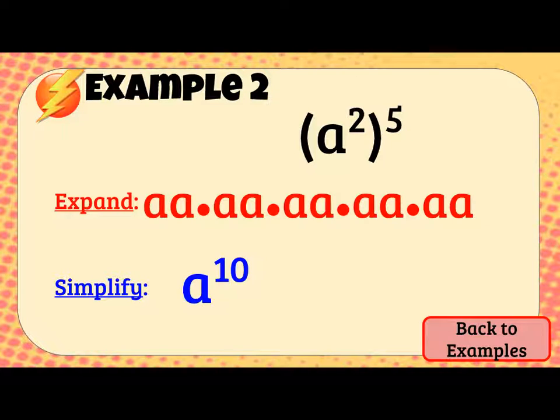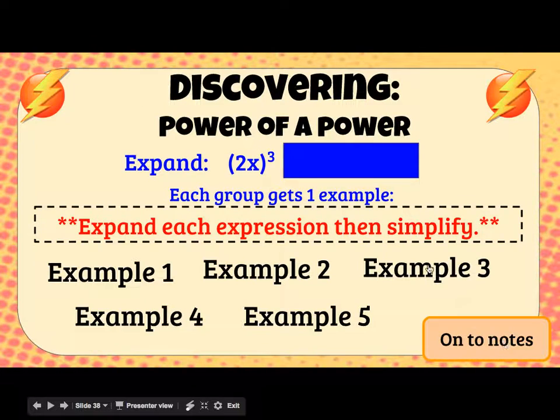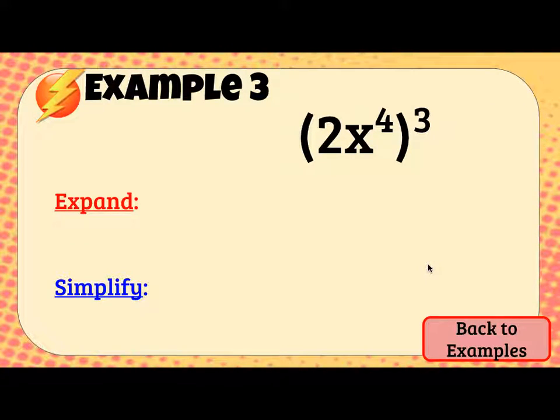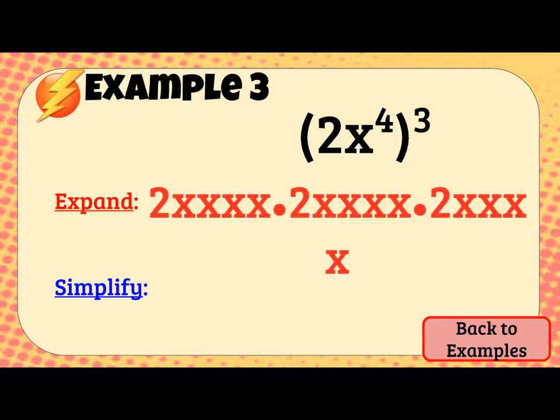Okay, next example. The third example looks like this. That we did in class, so I've got whatever's in here times whatever's in here times whatever's in here. I have that 3 different times. So what that would look like expanded looks like this. That's 2x to the 4th, 2x to the 4th times 2x to the 4th.